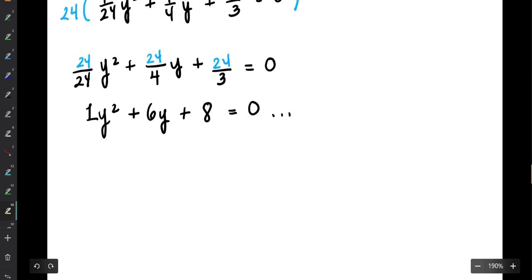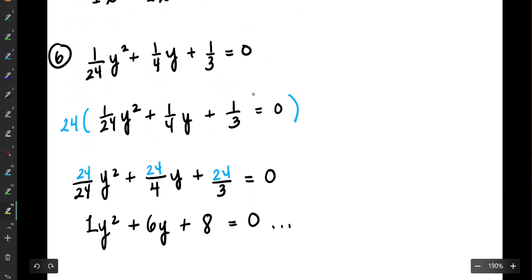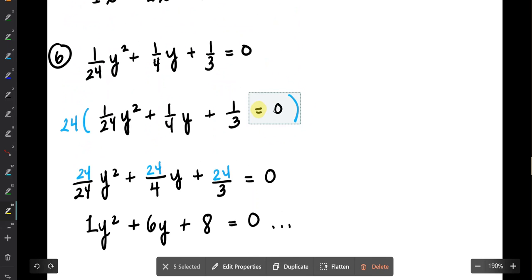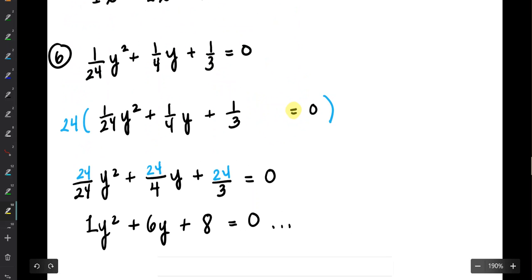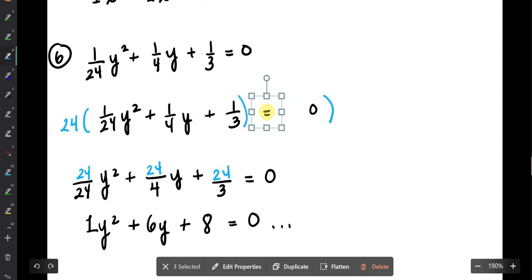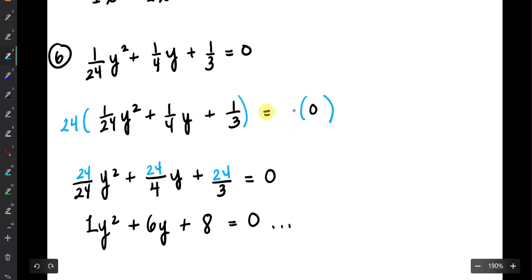But I think this would look nicer to some of us, so I'm going to sneak that in there. Multiplying both sides by 24. The notation that I used isn't wrong, but this just reads a little cleaner for some of us to see that it's a legal move.